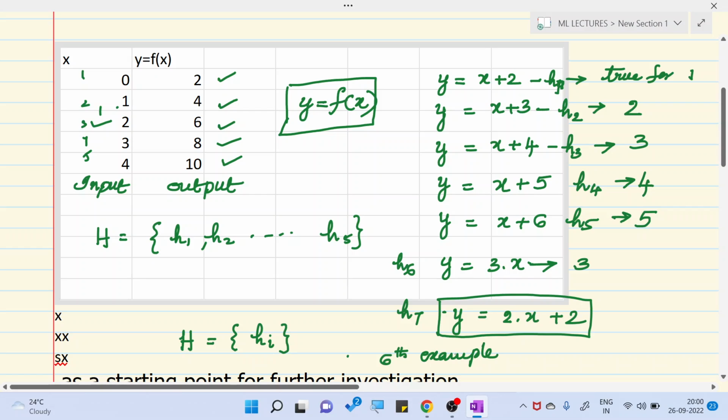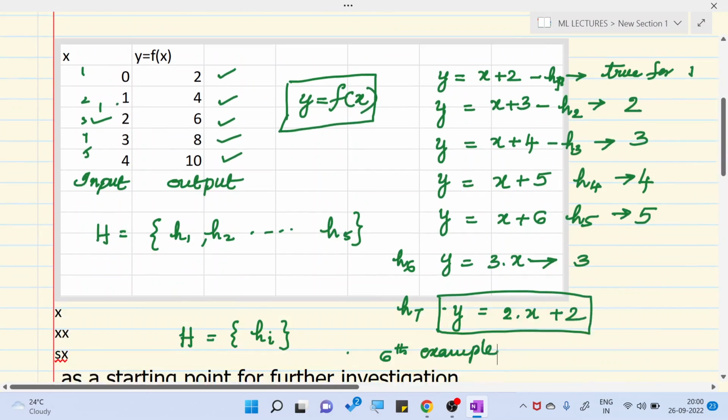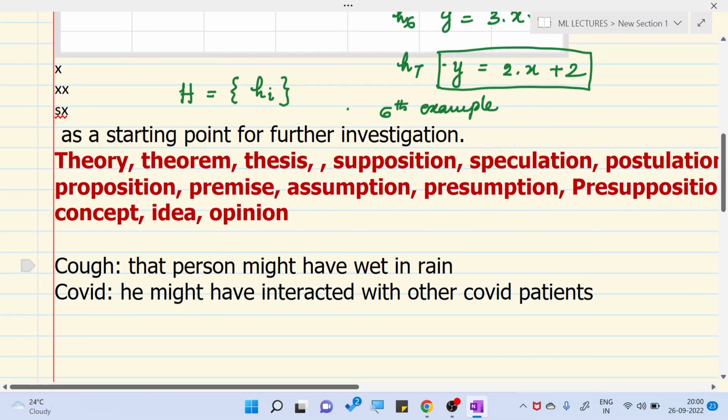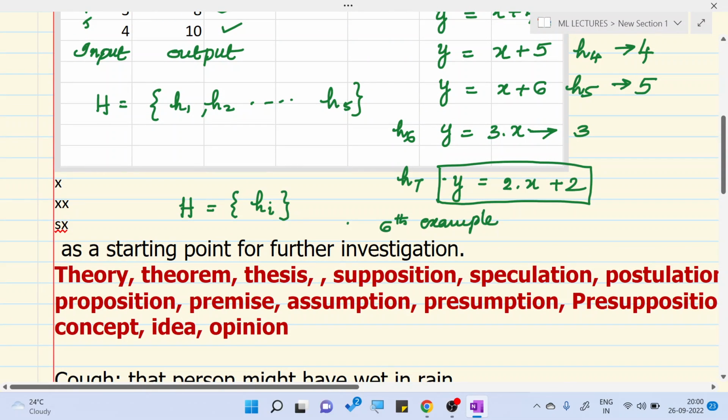Because this is a mathematical equation, I could propose an equation. But if you take a concept like whether a person is having COVID or not, if a person is having cancer or not, if a given picture belongs to a dog or cat, these types of concepts are not as simple as the hypothesis we have taken.